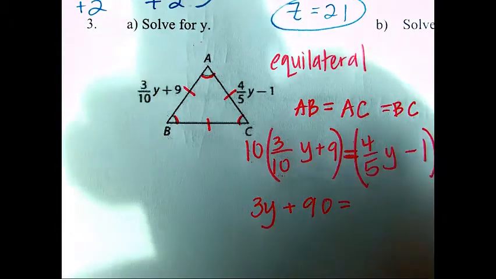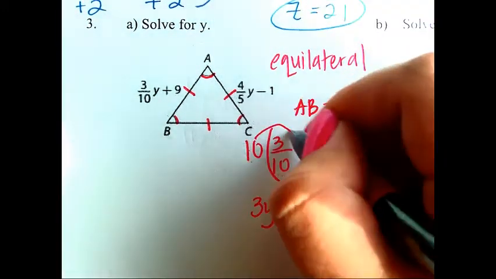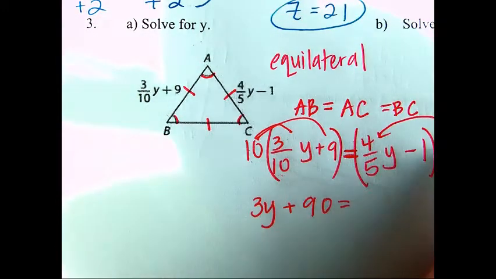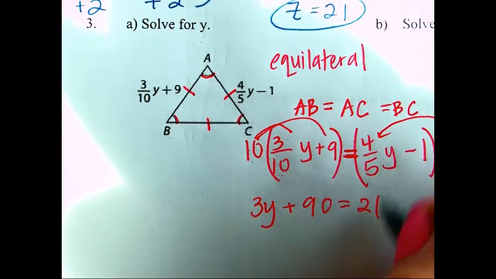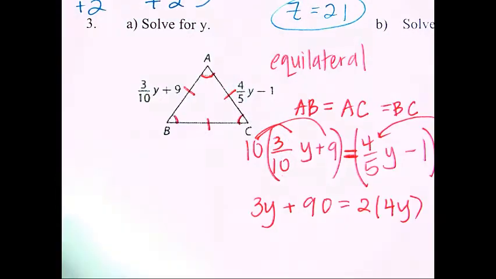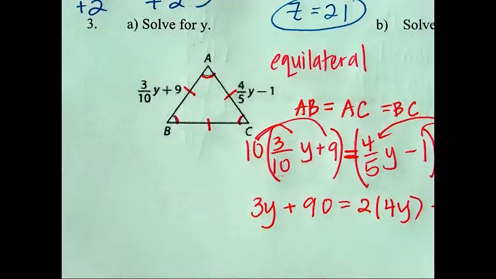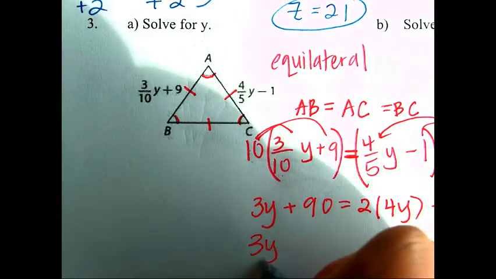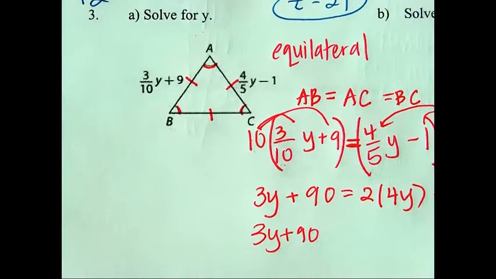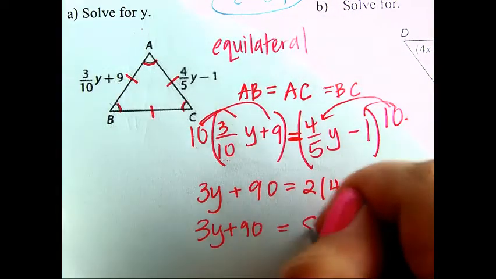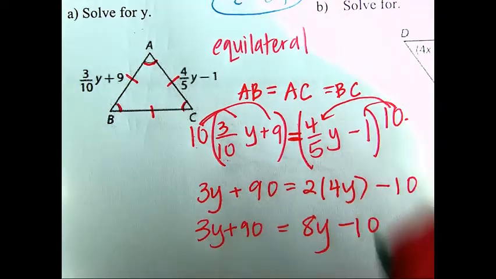Now over here, 10 divided by 5 is 2. 2 times 4y. And then 1 times 10 is just 10. So we end up with 3y plus 90 equals 8y minus 10.